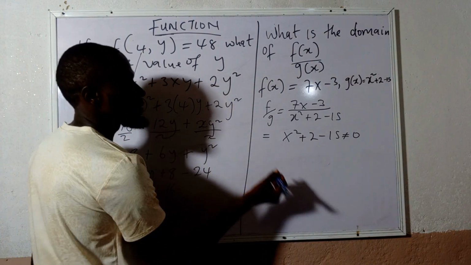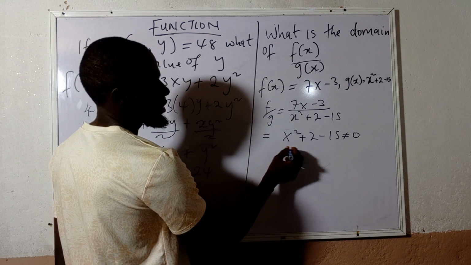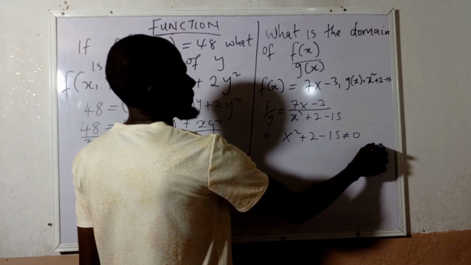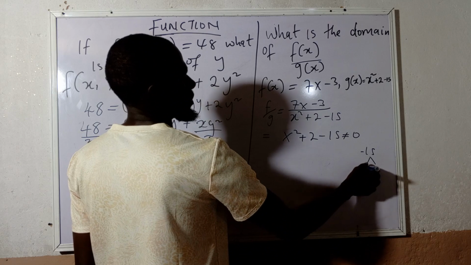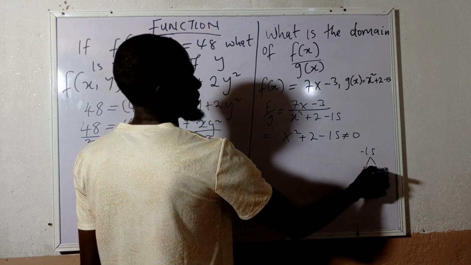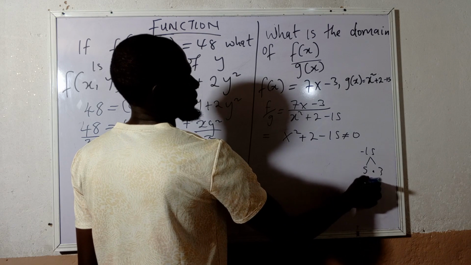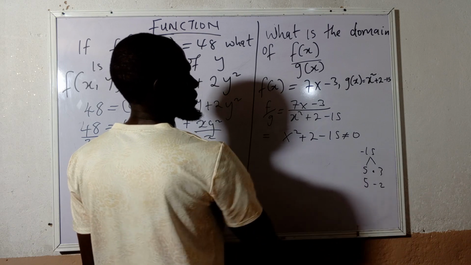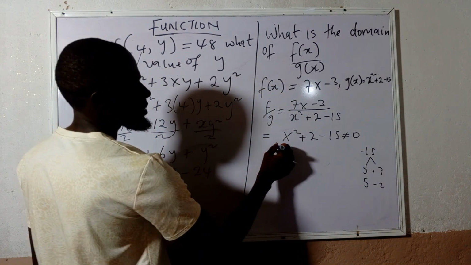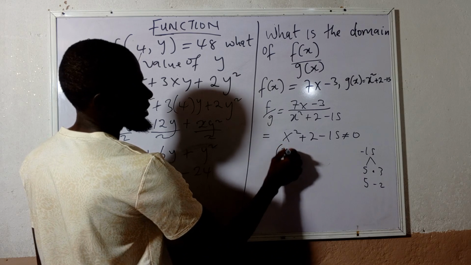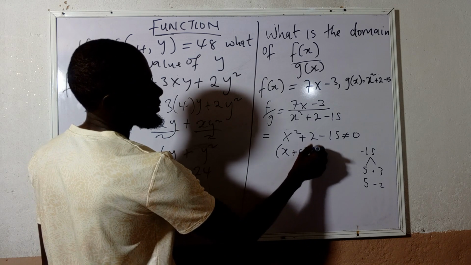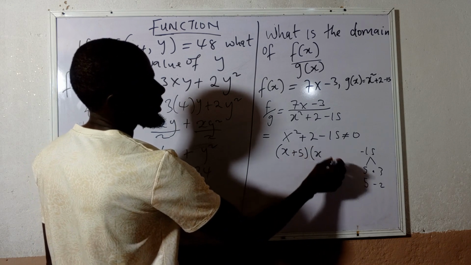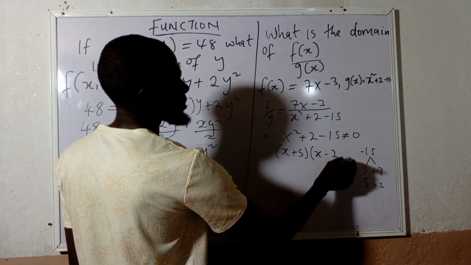Therefore, we say the two values of 15 to get minus 15: we have 5 times 3, 5 minus 2. Then we can say it is either x plus 5 or x minus 2.